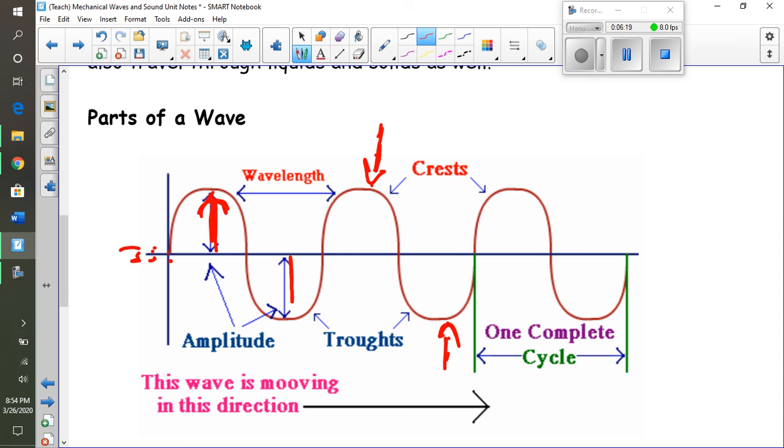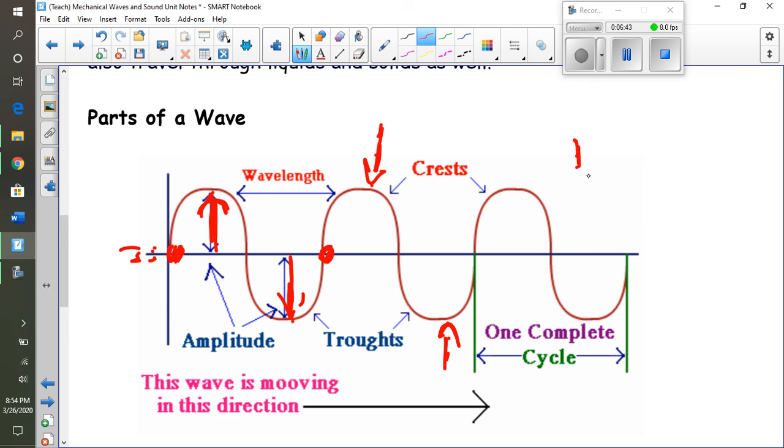It would be a negative amplitude if I go down to the trough. And then the wavelength is from one point of a wave to the same corresponding point. You can measure from crest to crest, trough to trough, or just make sure you complete the S here. That's one wavelength. For wavelength, we classically use the Greek letter lambda.